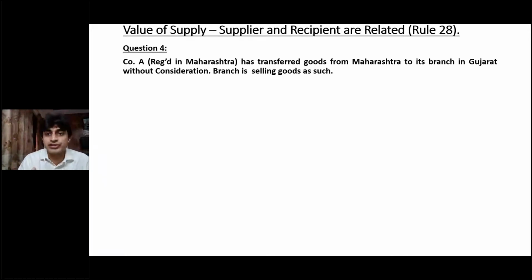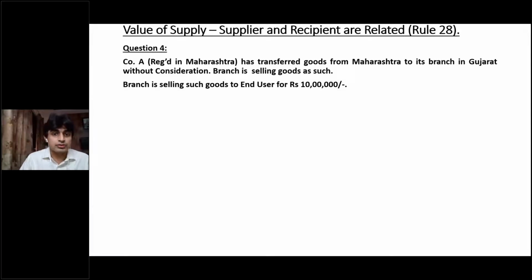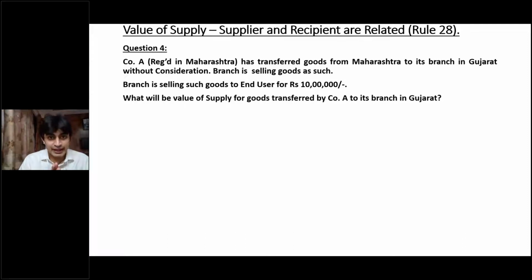Schedule 1 of the GST Act says yes, it is a taxable supply. And the branch is selling goods as such. Branch is selling goods for how much? 10 lakh rupees. So Maharashtra gives to the branch, and the branch is giving to the end user for 10 lakh rupees. What will be the value of supply for the goods supplied by Maharashtra to Gujarat? Let's think about it.